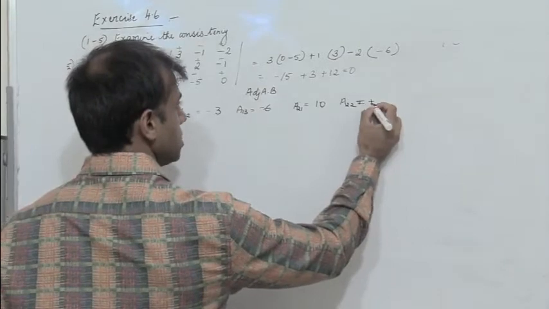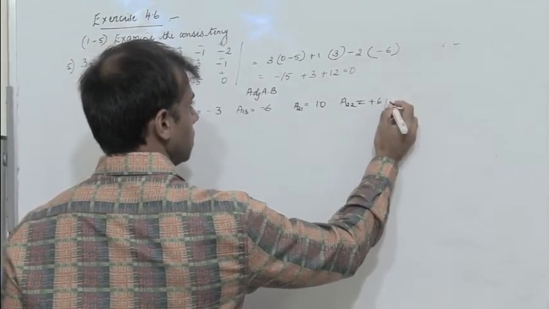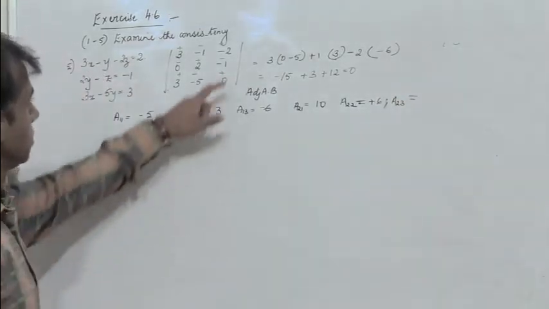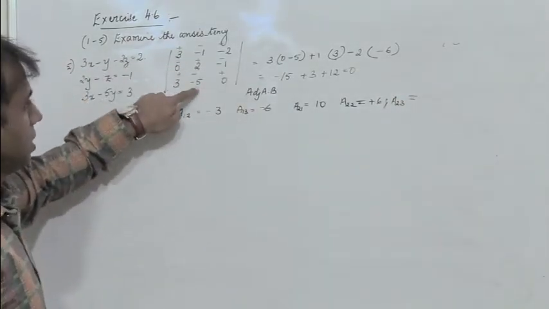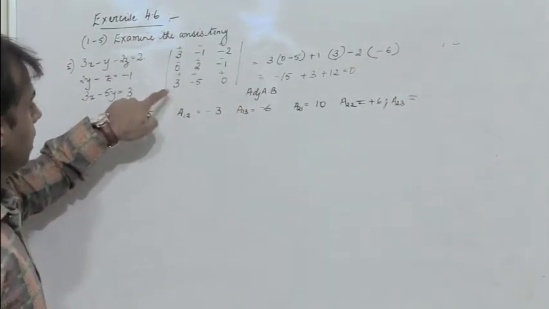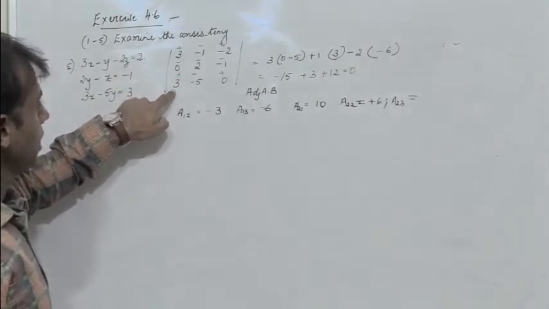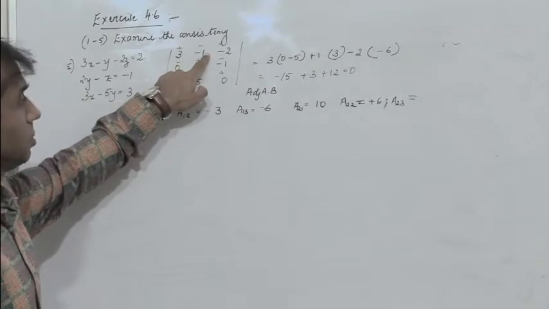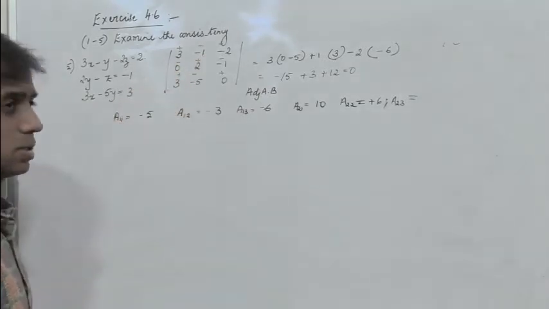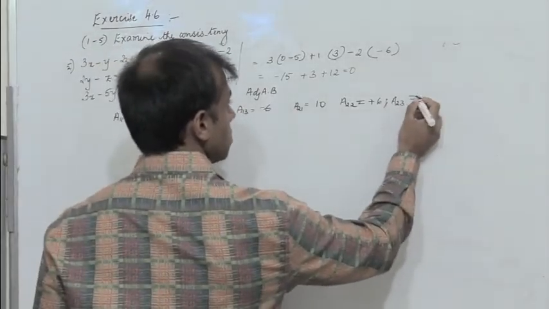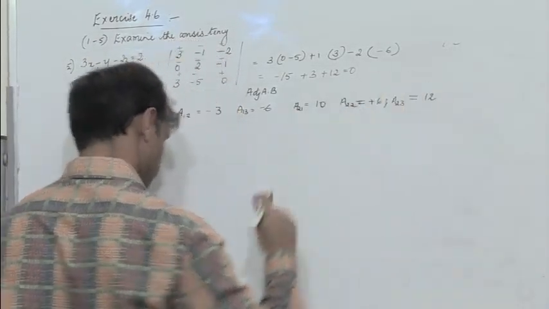So I have plus 6 here. Next we have A23, which is 3 into minus 5 is minus 15, and then you have minus 3 into minus 1, which is plus 3. So minus 15 plus 3 is minus 12, but I have a negative sign here. Minus of minus 12 is plus 12.